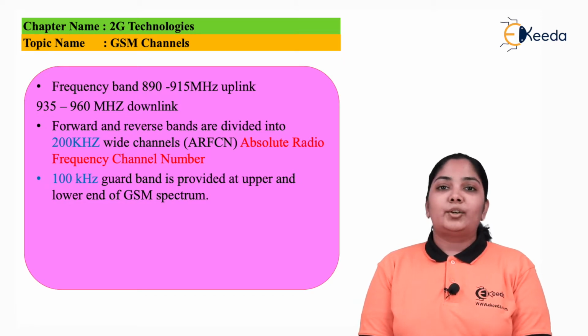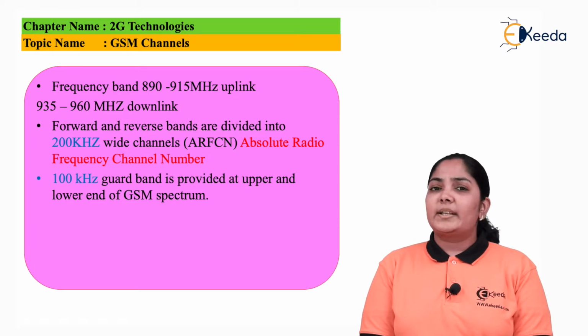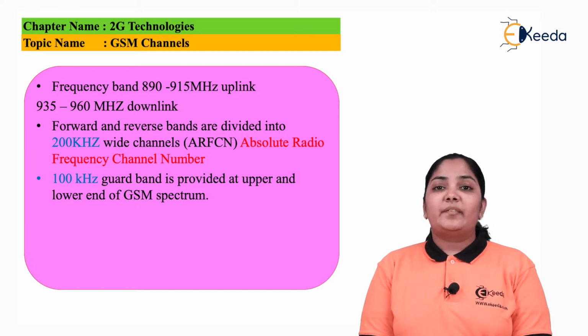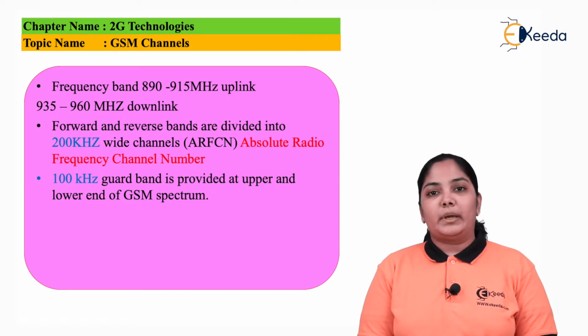Now, if we calculate the number of channels that the GSM system supports, it is very simple. The uplink frequency, which starts from 890 to 915 MHz, is nothing but 25 MHz.